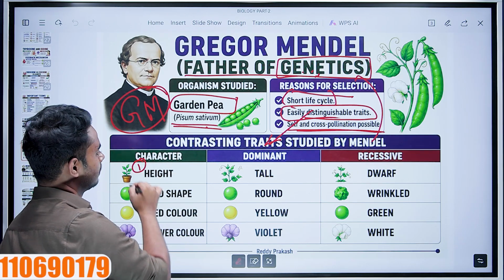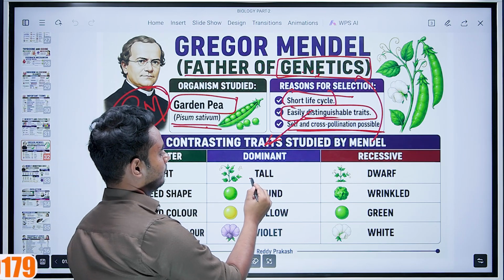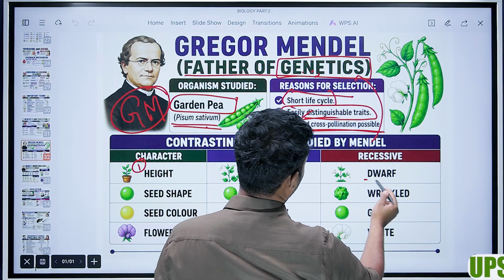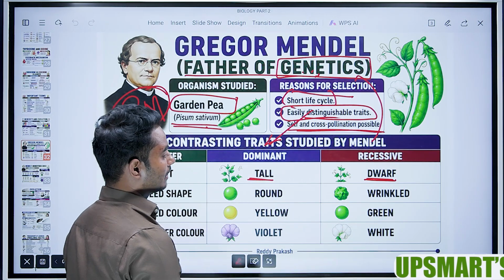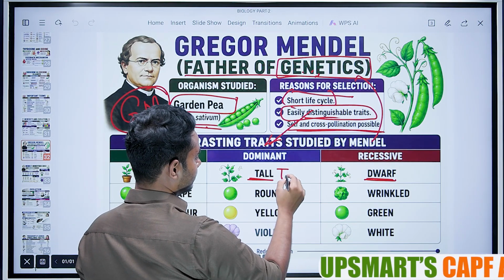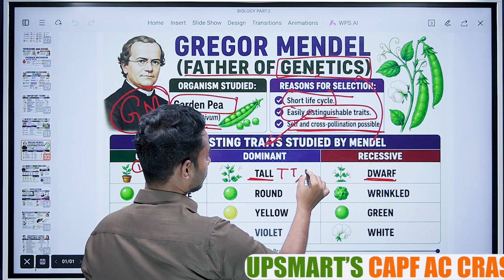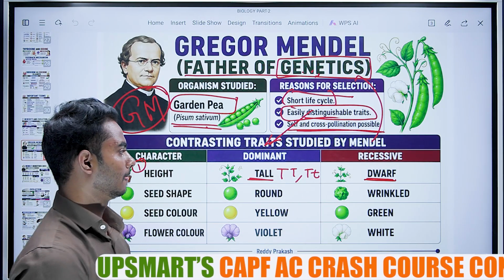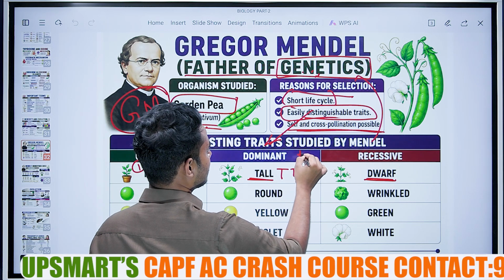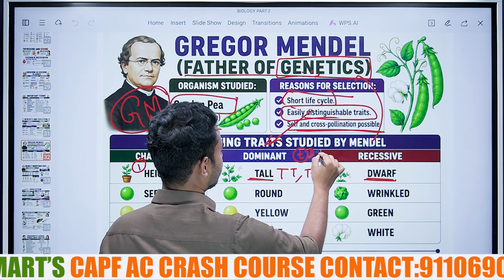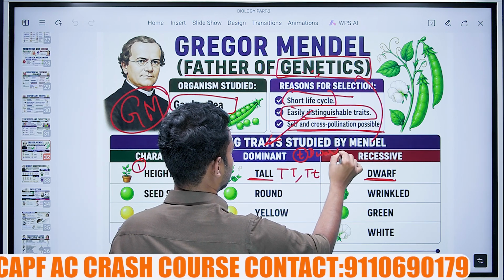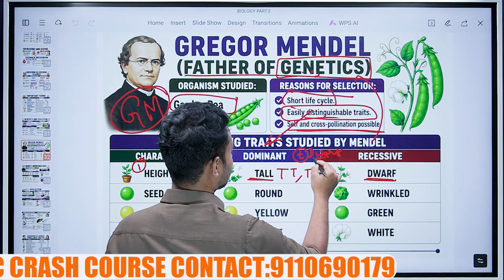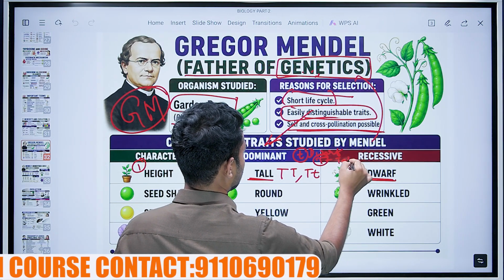It can be tall or it can be dwarf. Tall can be with the alleles TT or Tt. Small t refers to dwarf. Capital T refers to tall.